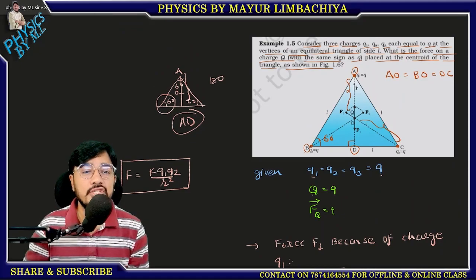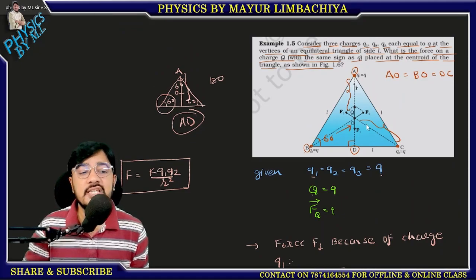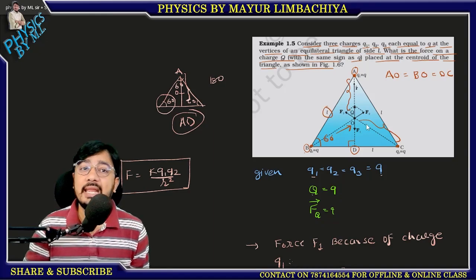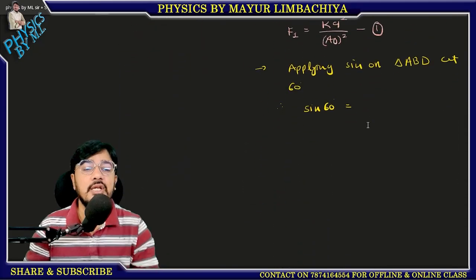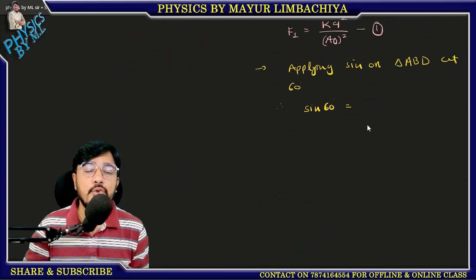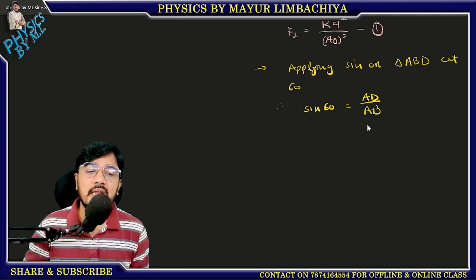Which one is the opposite side here in this case? The opposite side will be AD, which is the median, and the hypotenuse will be AB. And AB is what? AB is L. So AD divided by L. Therefore, can I write AD is equal to L sine 60?